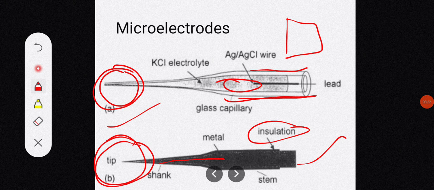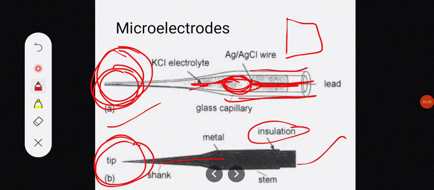One interface consists of the metal wire in contact with the electrolyte solution inside the micropipette, while the other is the interface between the electrolyte inside the micropipette and the fluid inside or immediately outside the cell. That is, when this micropipette electrode penetrates the cell, the second interface will be between the electrolyte inside this micropipette and the fluid inside or outside the human body cell.